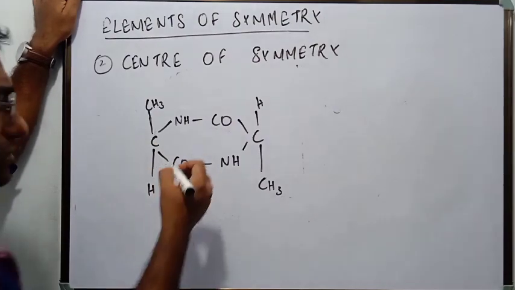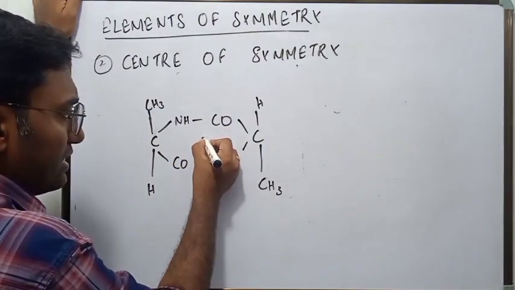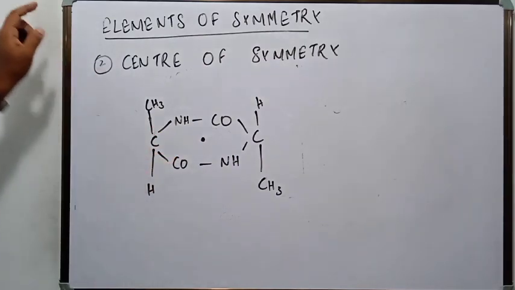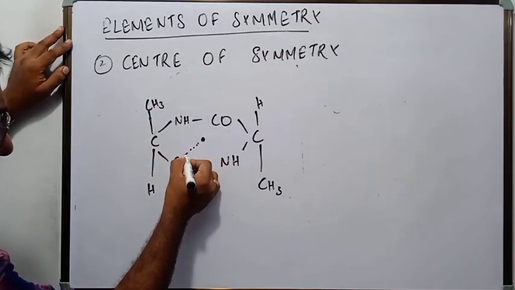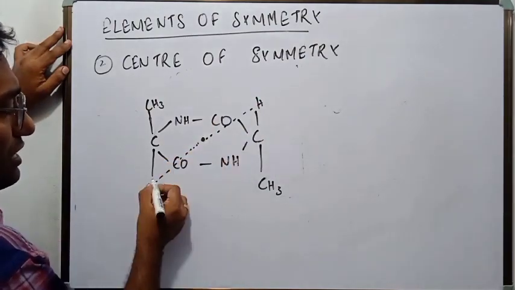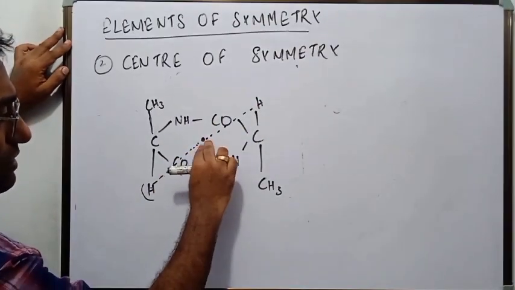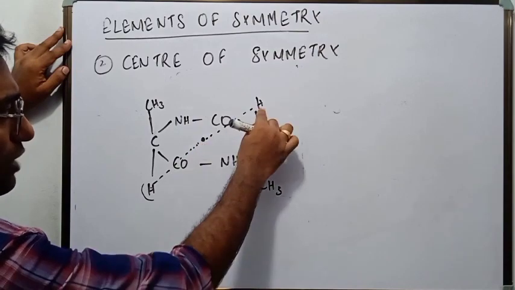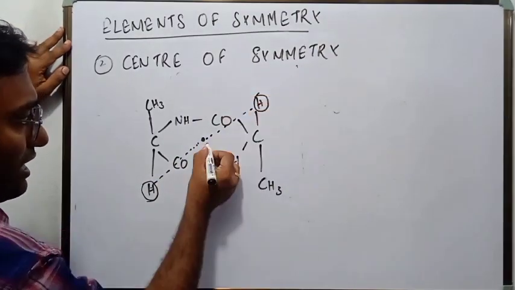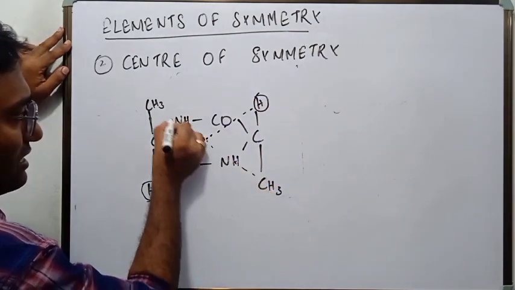Now what is the center of symmetry? It is the imaginary point in the center of the molecule from which, if lines are drawn on opposite ends at equal distances, it would meet similar groups. See, we have drawn a line from the center to opposite ends and seen how it meets similar groups: H and H, and CH3 and CH3.